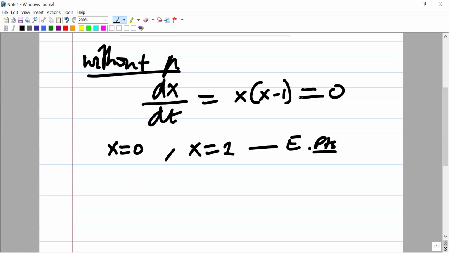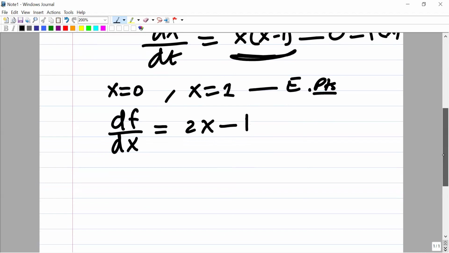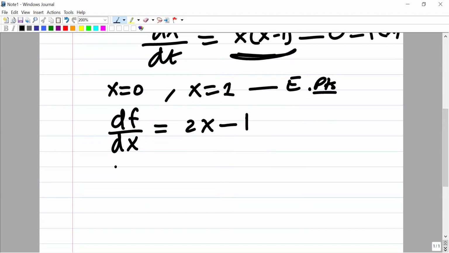So to determine their stability, we find the derivative of f here. Remember, this is f of x. So we now want the derivative of f with respect to x, which is just 2x minus 1.